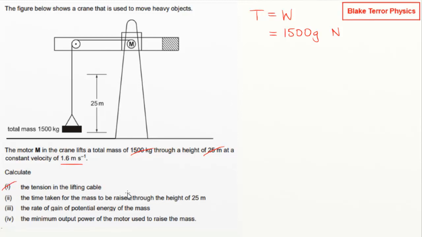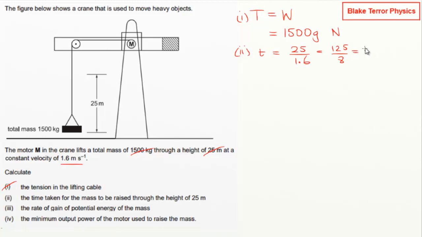What's the time taken for the mass to be raised through a height of 25 meters? Well, if we're raising it through 25 meters, the time is going to be the distance divided by the velocity. 25 over 1.6 is 125 over 8, just changing that 1.6 into 8 over 5.